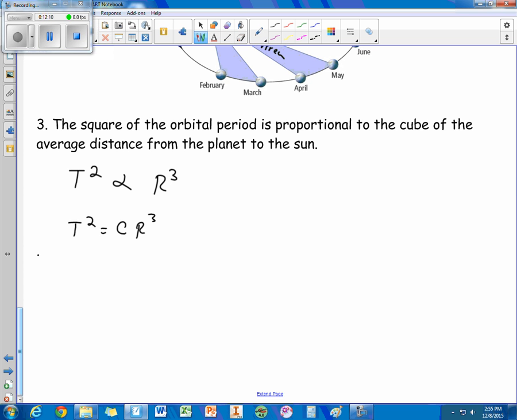So let's figure that out. First off, remember that we figured this out when we did the velocities. Mass of the sun, mass of the planet.